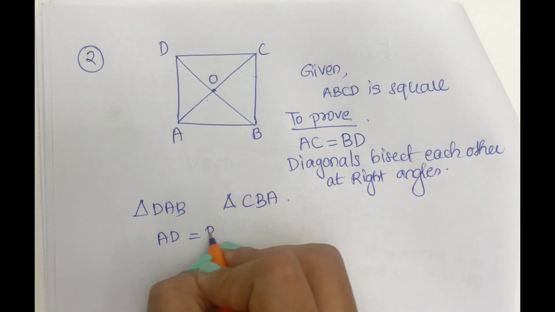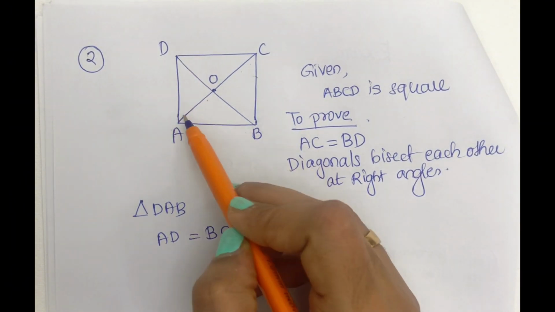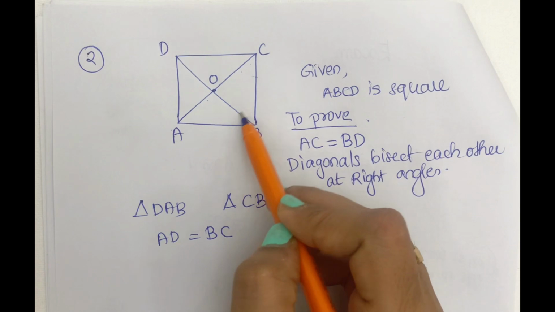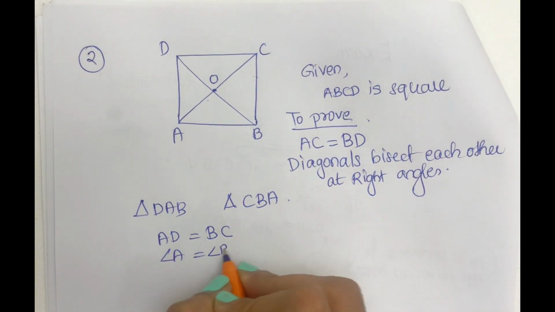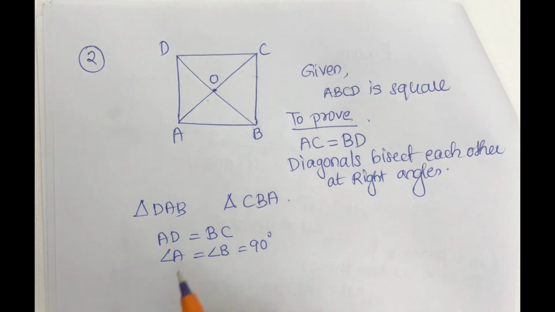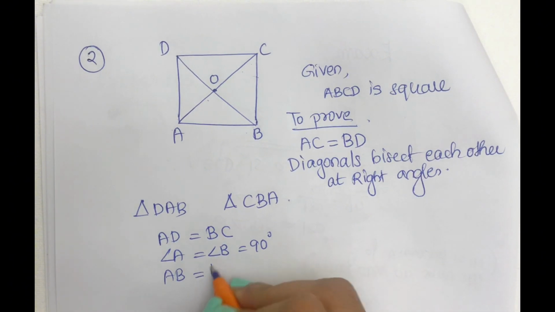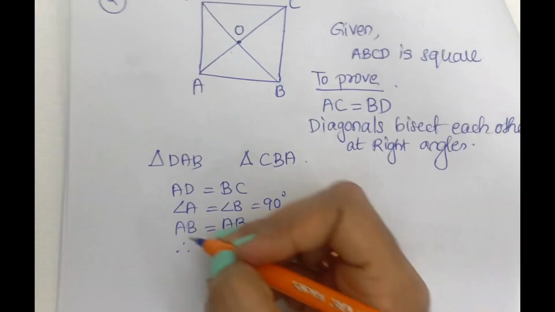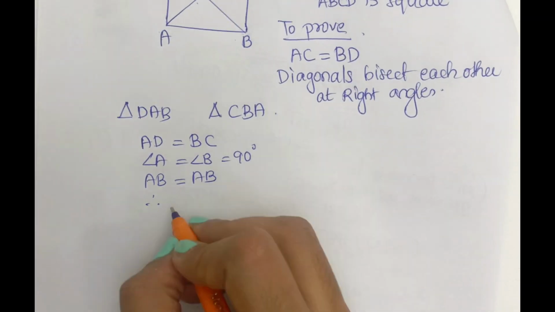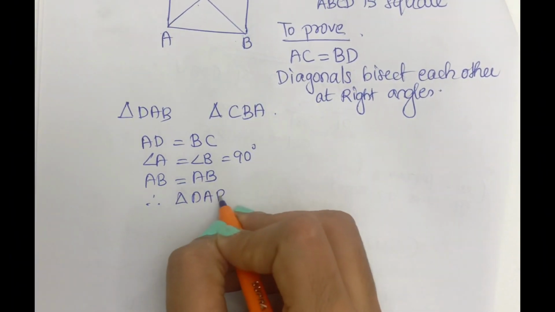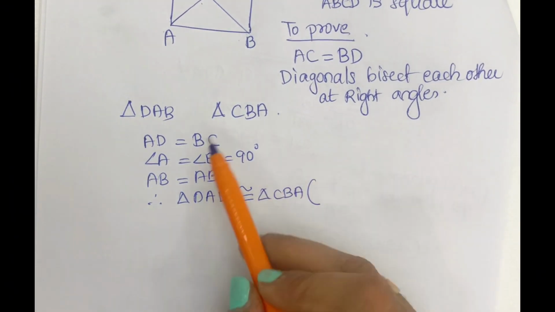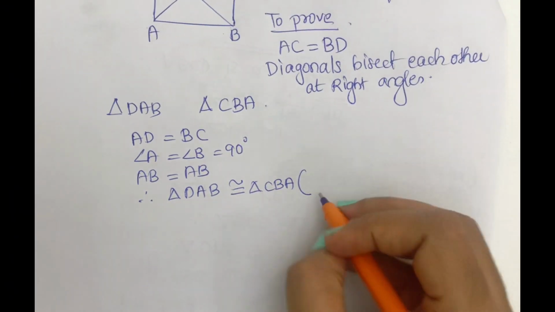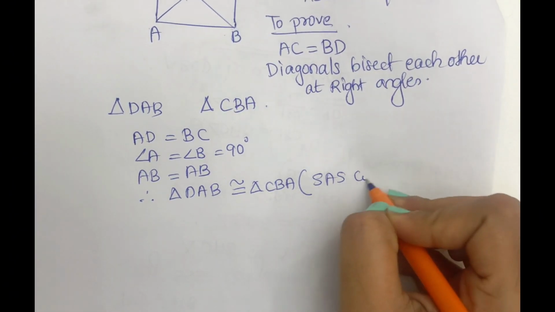Now we know angle A and angle B are 90 degrees, that is angle A equals angle B equals 90 degrees. And also AB is a common side, AB is equal to AB. Therefore, these two triangles are congruent, that is triangle DAB is congruent to triangle CBA. Which congruency? SAS congruency.